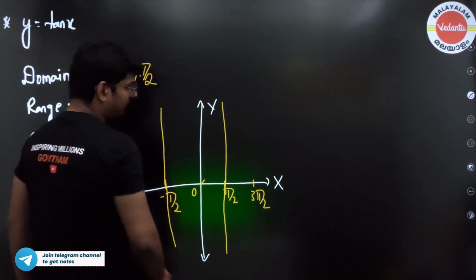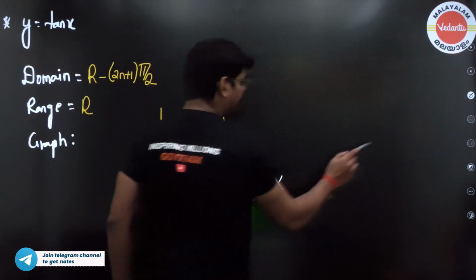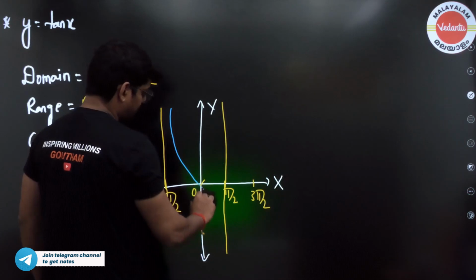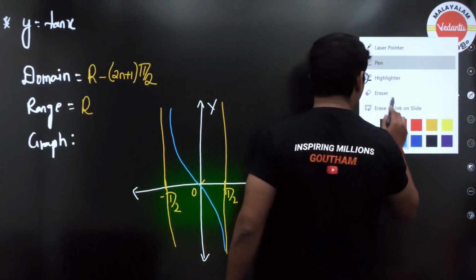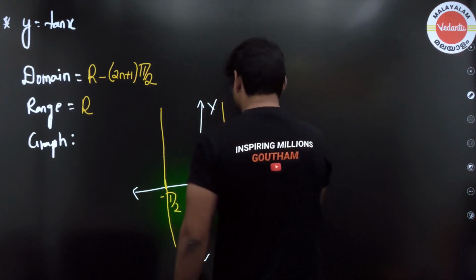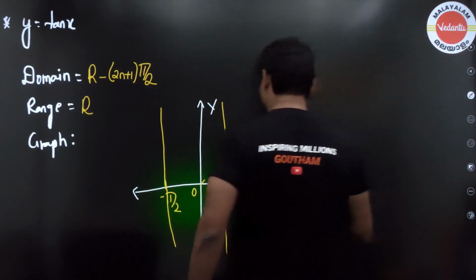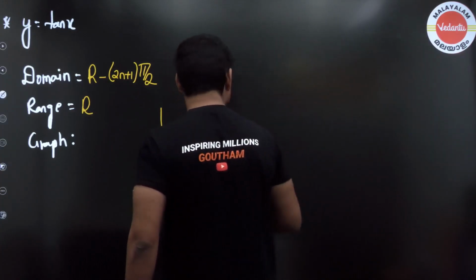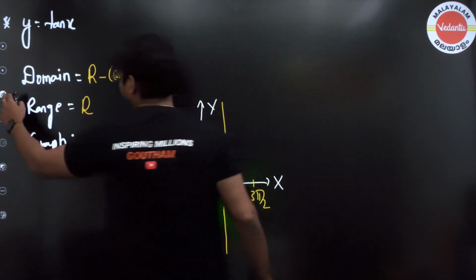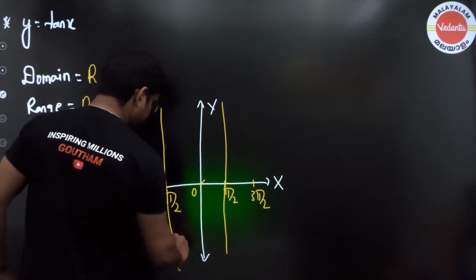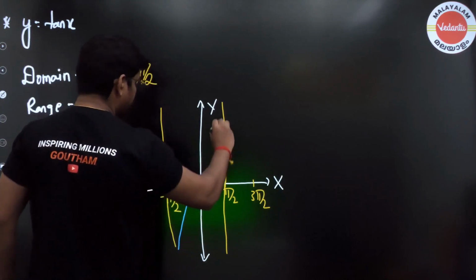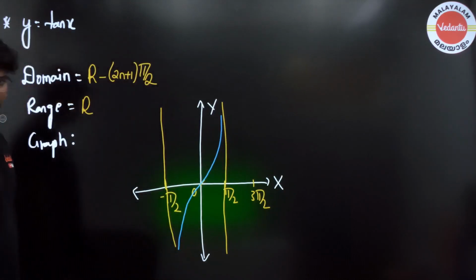And the graph of tan x is going to be something like this. Sorry, I think I have drawn it in a wrong way. So the graph of tan x is going to be something like this. Yep. So this is how the graph of tan x is going to be, okay.